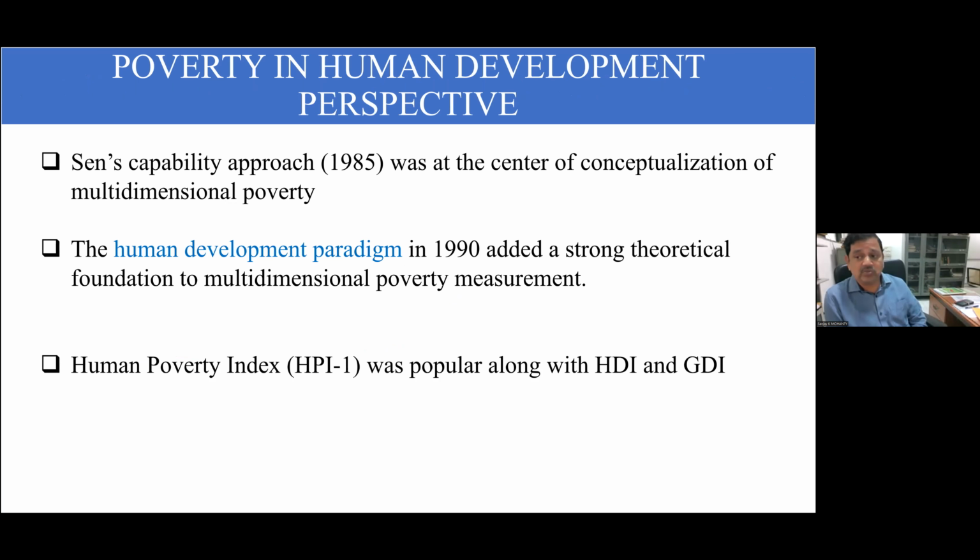In this Human Development paradigm, we have a series of indices, such as the Human Poverty Index 1, Human Poverty Index 2, along with HDI and GDI, which are basically a kind of multidimensional poverty measure.